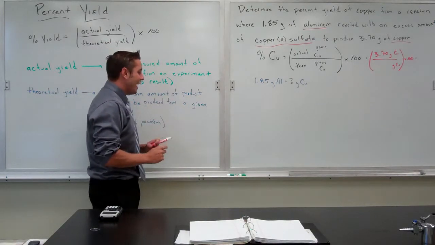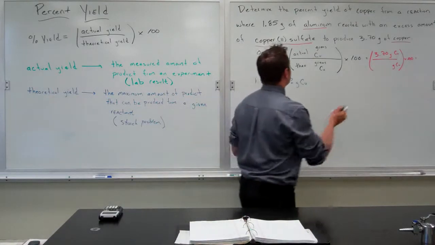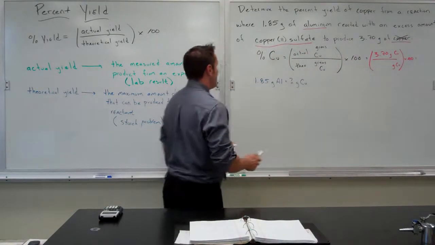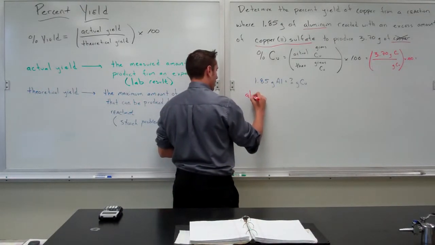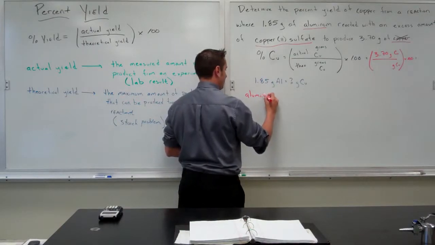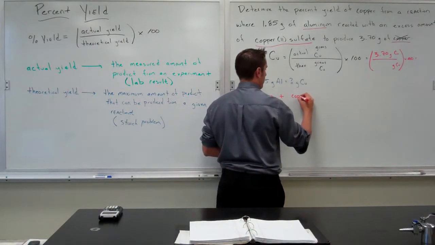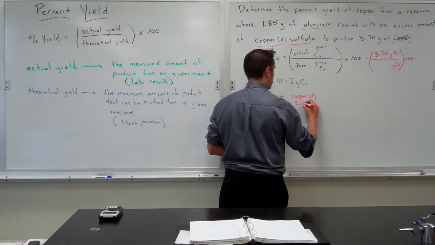Then I cross out anything that looks like it's a product, and sure enough it says to produce copper. So that means my reactants are aluminum plus copper 2 sulfate.